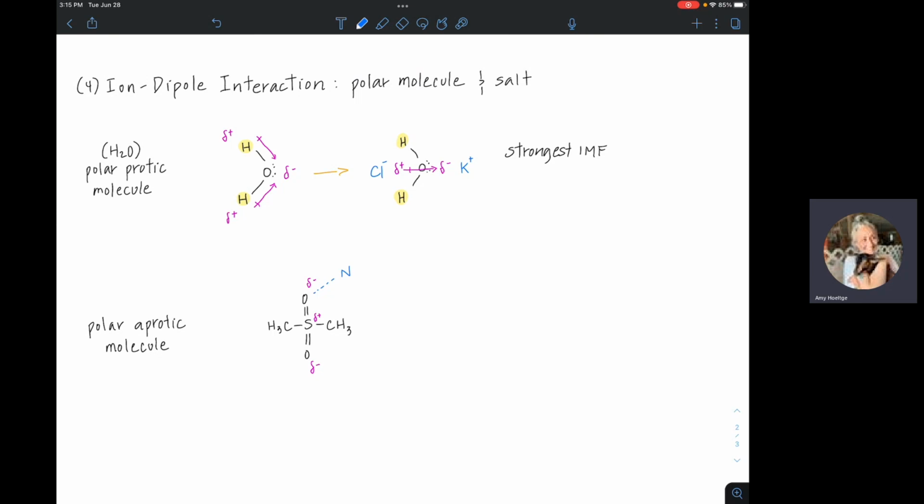So I could take something like that and create an ion dipole interaction with my polar aprotic molecule, dimethyl sulfoxide, DMSO.